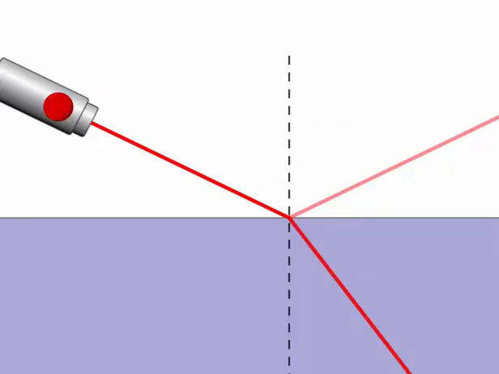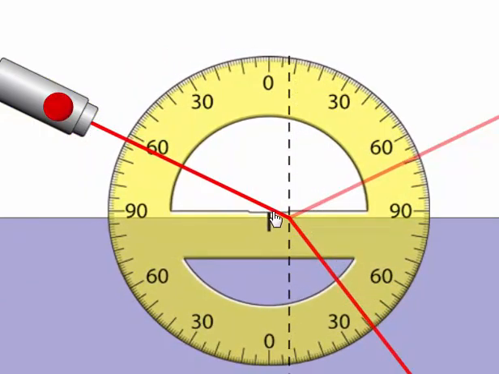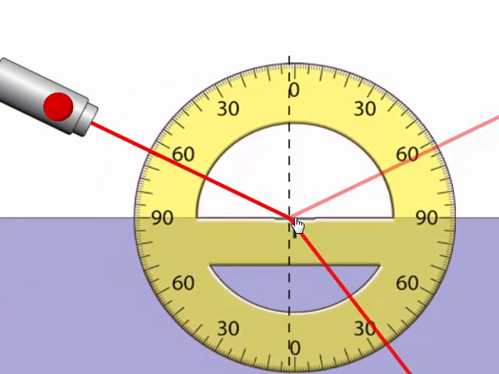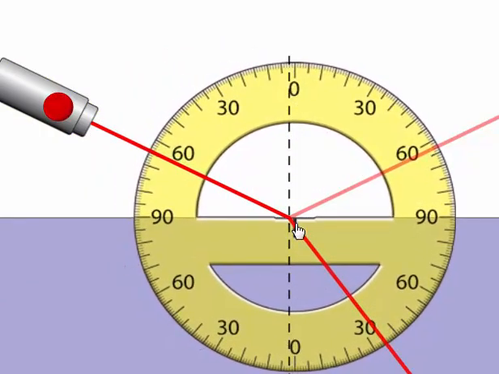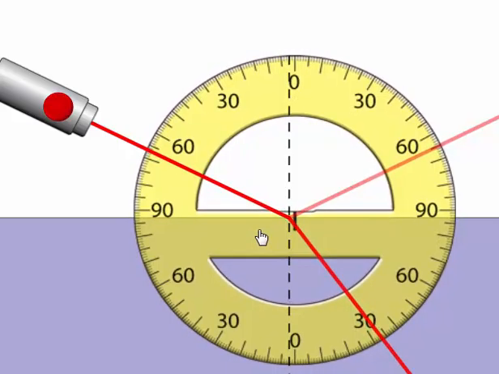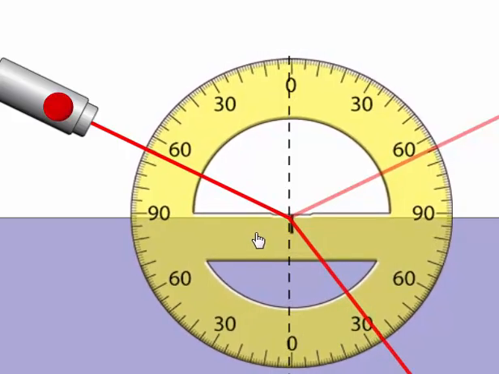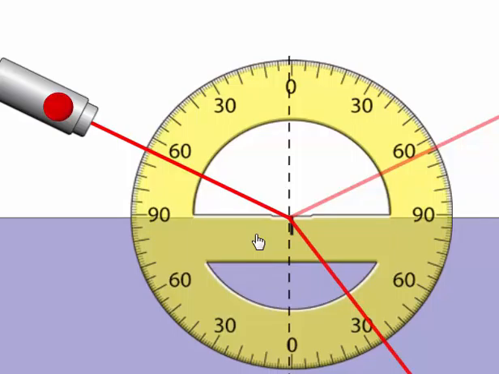Now what I'm going to do is bring a protractor. I will ask you to measure the angle of incidence and the angle of refraction. Remember, the angle of incidence is the angle between the normal and the incident ray. For example, what is the angle of incidence now? The protractor has to be right at the point of incidence.